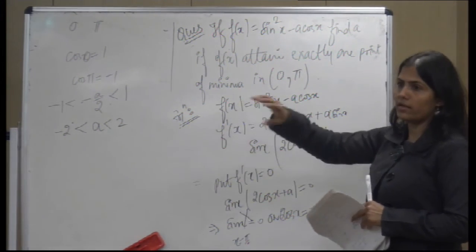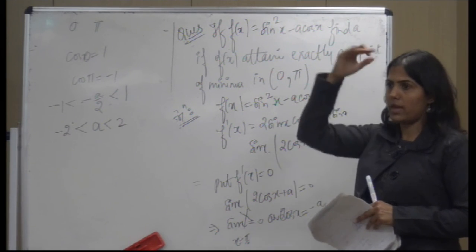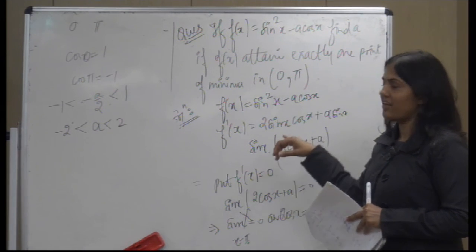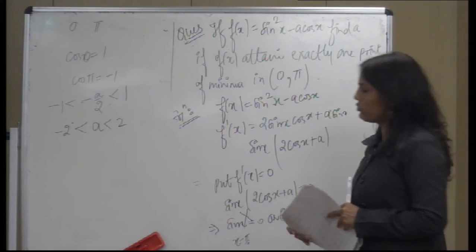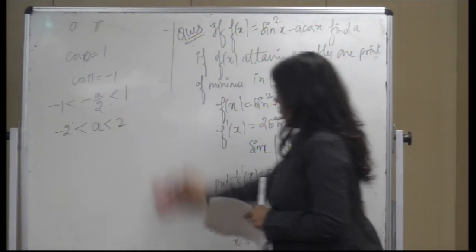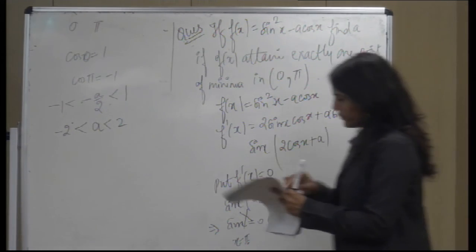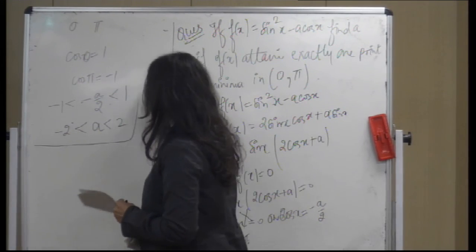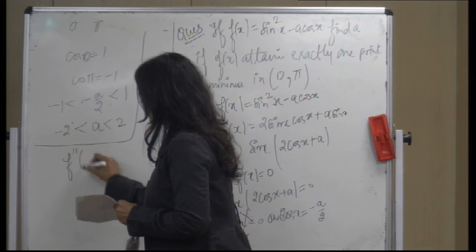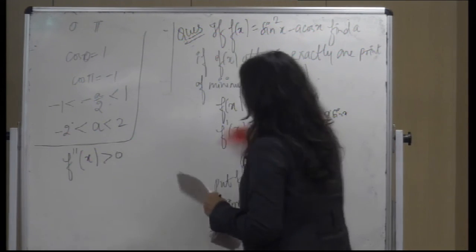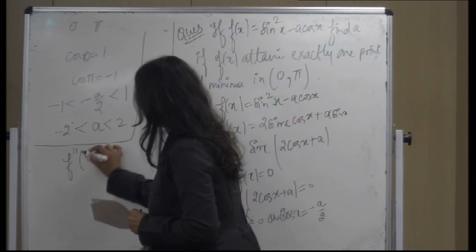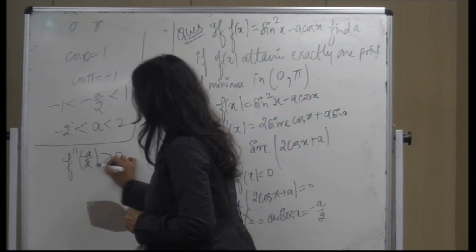Now you can take, what's your name, Shalini, now you can write sin 2x because it will help in differentiation. So the second derivative at minus a by 2 will be greater than 0.